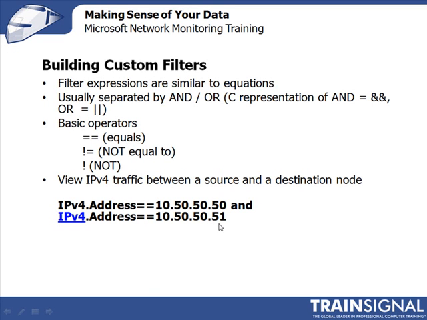In this example, I didn't actually tell it which was the source and which was the destination, so I would get any traffic that is running between these two machines, regardless of the 10.50.50.50 machine sending or receiving the data. I would get both sides of the conversation. You can get a little bit more fancy if you want to and tell it to just find all the source traffic from an IP address, or you can do destination traffic to an IP address.